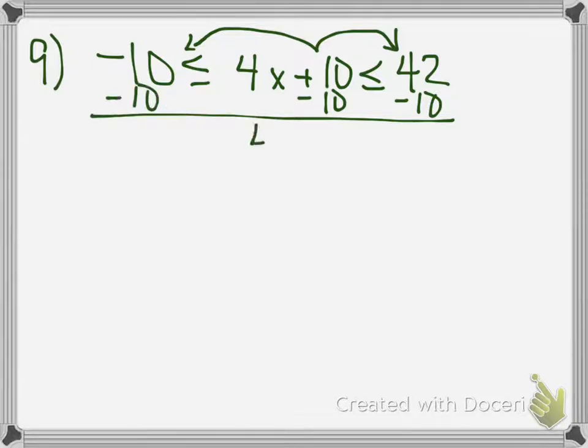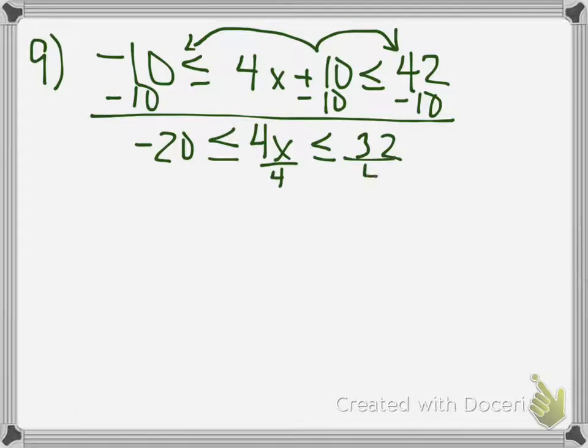Okay? So you get 4x less than or equal to, or in between, whatever. 42 minus 10 is 32. Negative 10 minus 10 is negative 20. Then you can divide everything by 4 to get x is in between negative 5 and 8.